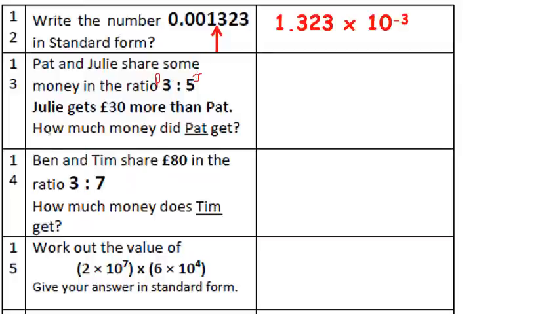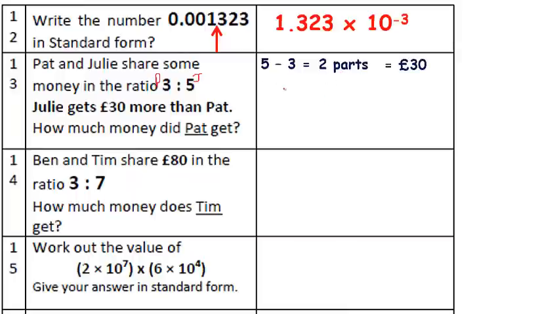Because they're in order, the 3 stands for Pat, and the 5 stands for how many parts Julie gets. Julie gets 30 more than Pat. So we're going to look at the number of parts more Julie gets. I'm going to do 5 take away 3, which is 2. So that means Julie gets 2 parts more than Pat. Julie gets £30 more than Pat. So 2 parts is actually worth £30.